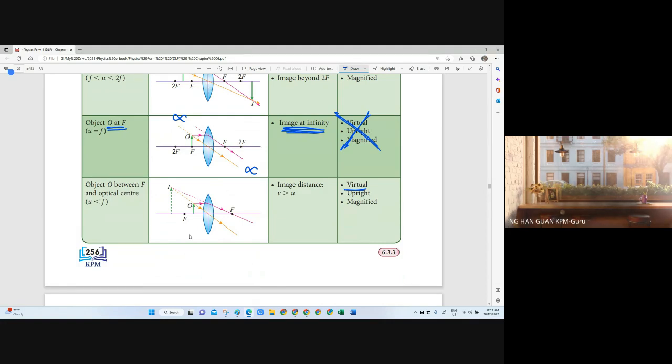But when you check the overseas syllabus, IGCSE, if I'm not wrong, it only mentions there's no image formed, because we can't form the image. This is because the light rays are parallel. When the light rays are parallel, there's no intersection, so you cannot form the image. It's parallel either on the positive side or on the negative side.